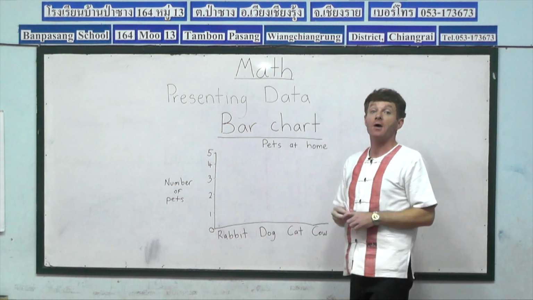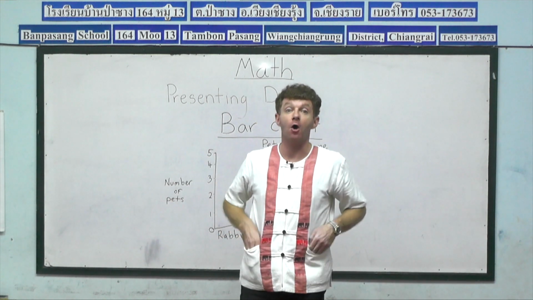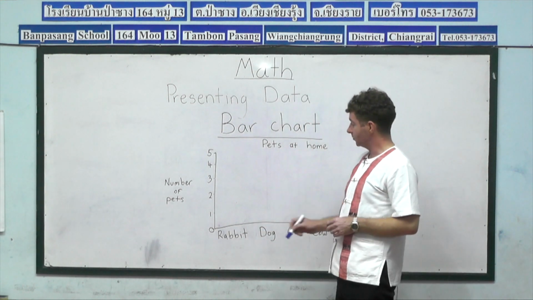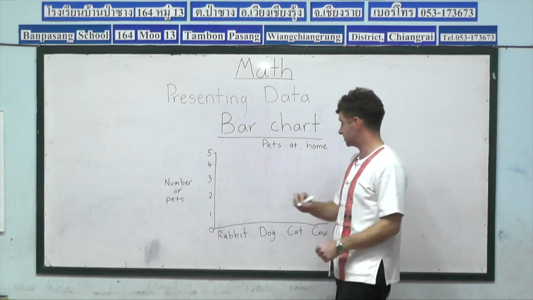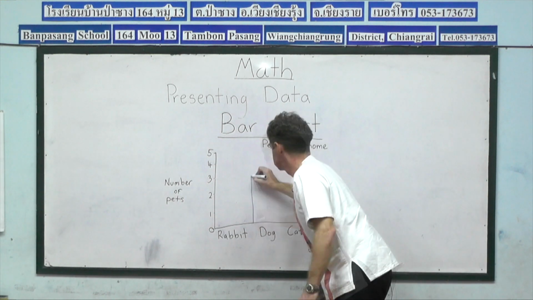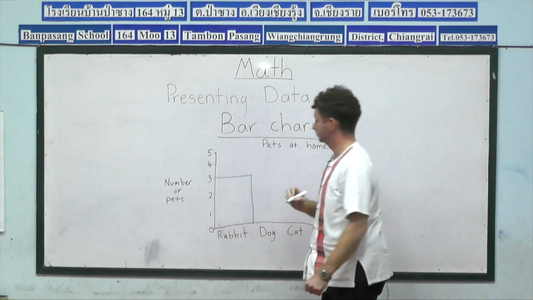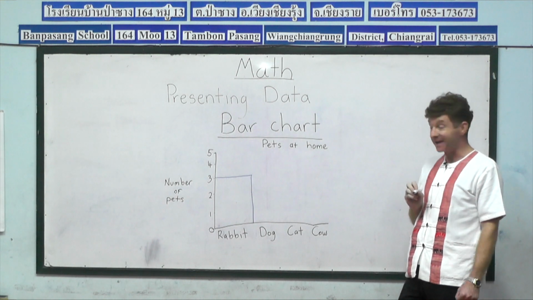And now I will demonstrate how we can read the information in our bar charts. So first of all, I need to draw a bar to represent the number of rabbits. How many rabbits, guys? 3. Excellent, well done.